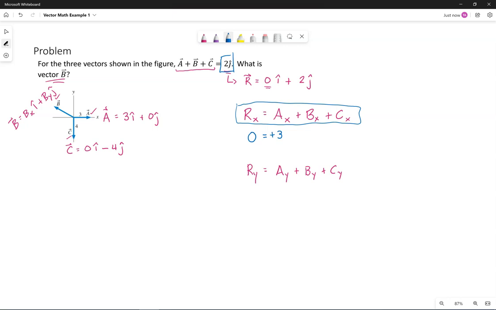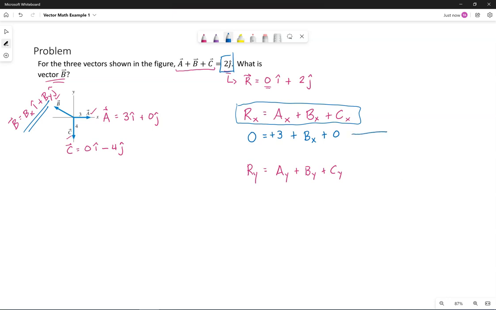So positive 3, we know vector A has at least a component that points in the positive x direction and a length of 3. Vector B, we actually don't know. And we're going to just put that in here as what I called it over to the side. We just said it has some sort of x component. So I'm going to leave that as a B sub x. Vector C also does not have an x component. You don't technically need to write the 0.